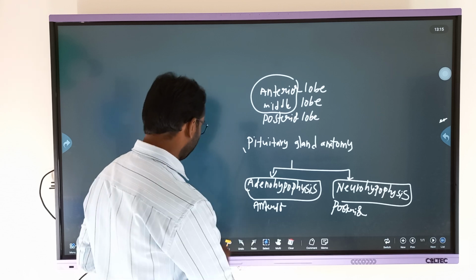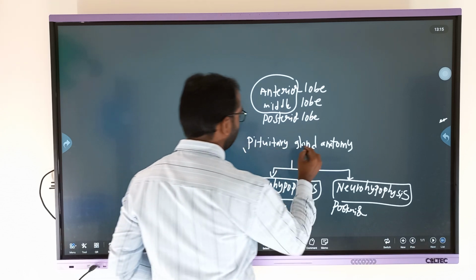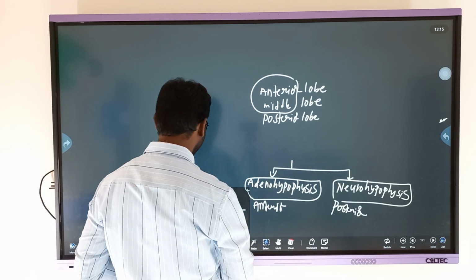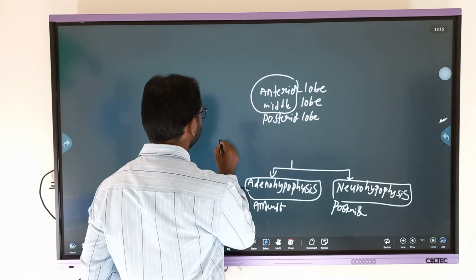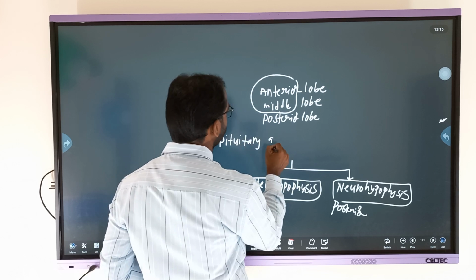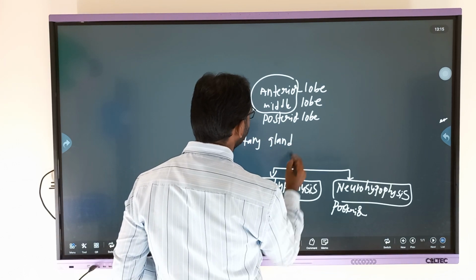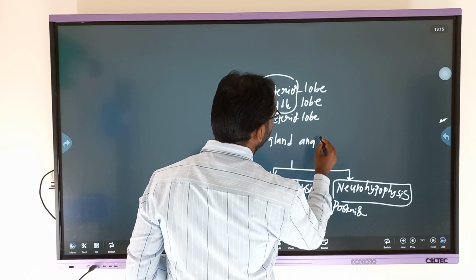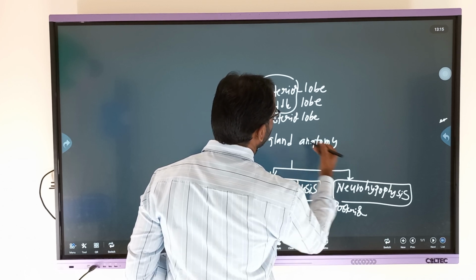Okay. Then if you check, the hormones of the pituitary gland are the various hormones released from the anterior, middle and posterior.